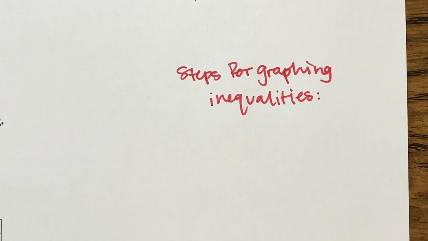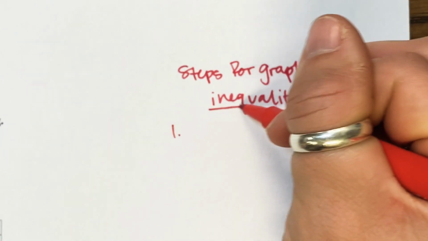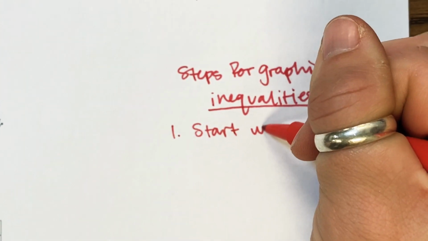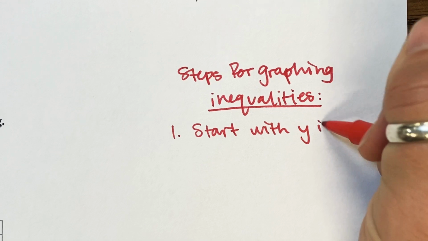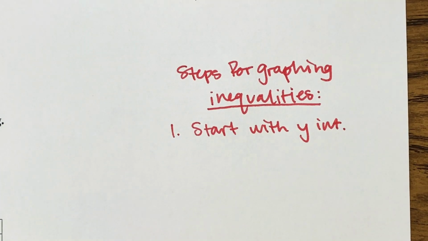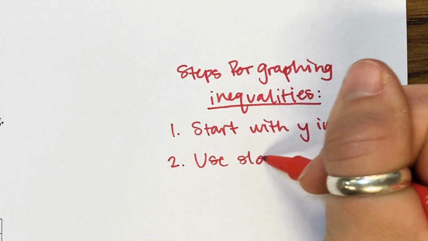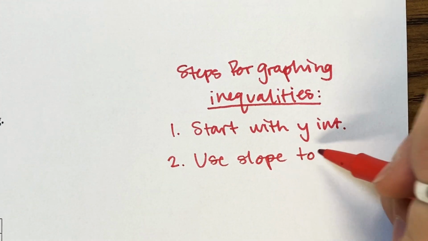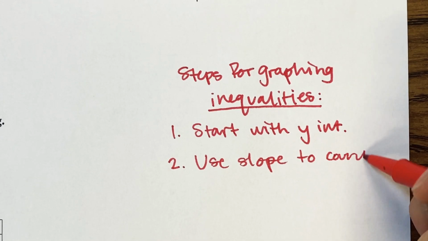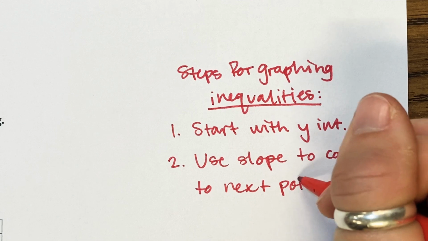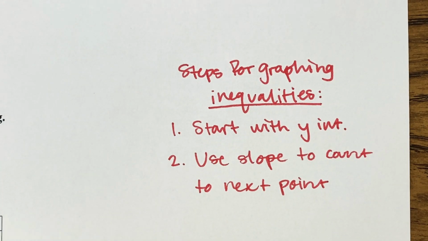Our first two steps are going to be exactly the same as graphing equations. Start with your y-intercept, that's your starting point still. Then the second one is to use your slope to count to your next point. But here's where we have a couple extra steps.